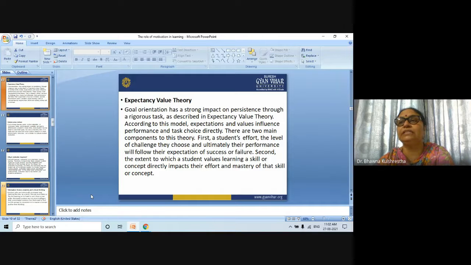Flow is said to occur within Goldilocks conditions. Tasks that are too difficult for the student will engender frustration and helplessness, while tasks that are too easy will cause the student to feel bored.